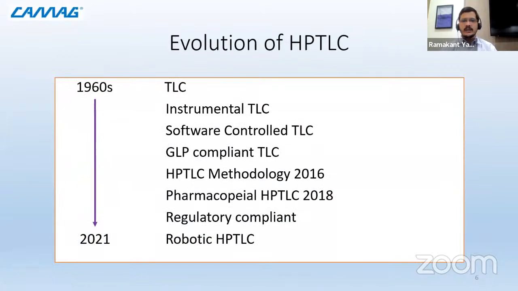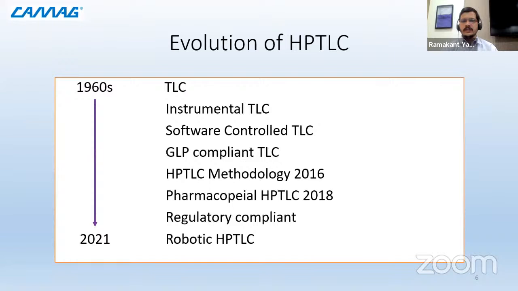Now coming back to the topic of discussion today, that is HPTLC, how HPTLC evolved. Earlier it was TLC, manual type of TLC, in the 1960s. Then instrumental TLC came into the picture, then software controlled TLC, then CGLP, CGMP compliant TLC. From 2016, many pharmacopoeias and regulatory bodies have given guidelines on how to use HPTLC for different sample analysis.